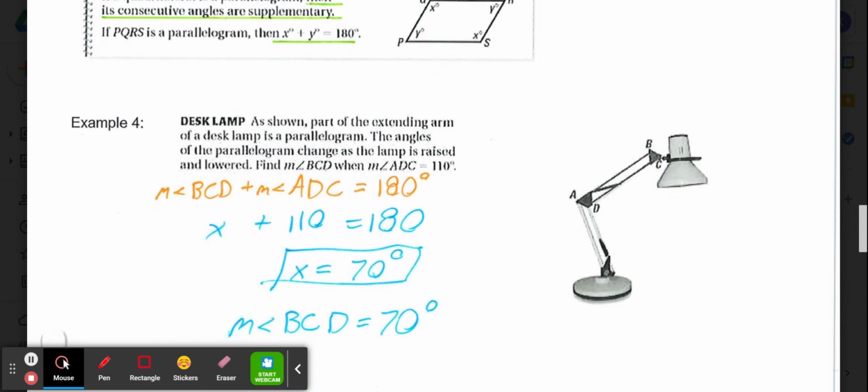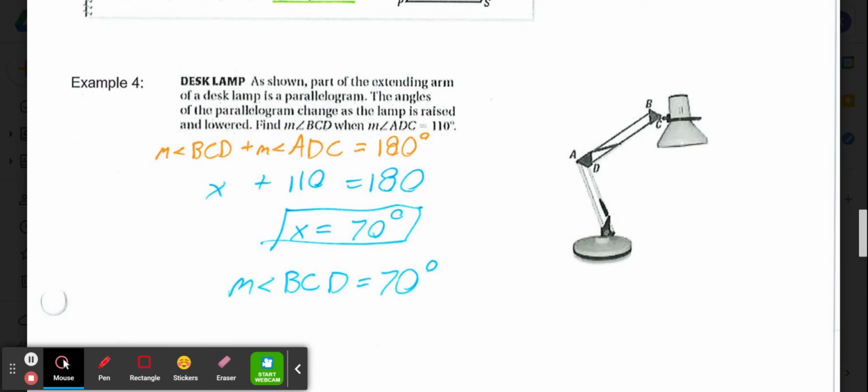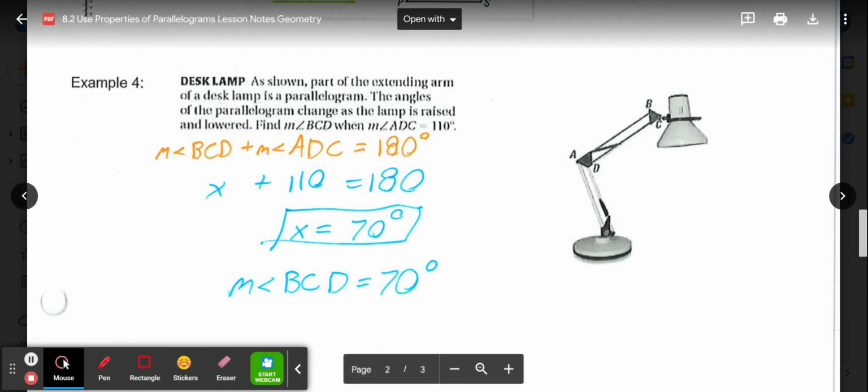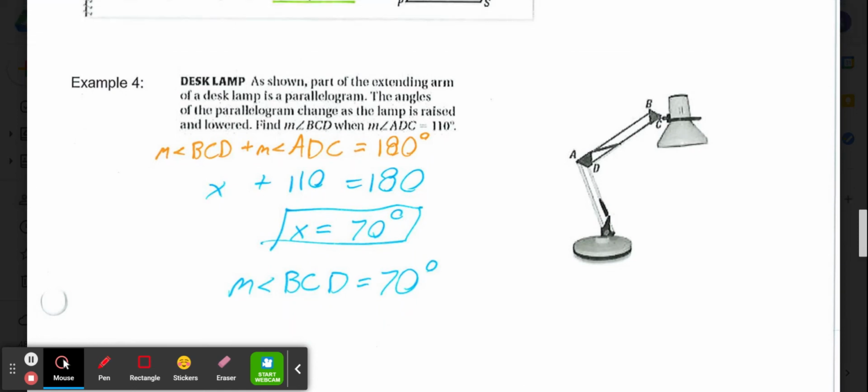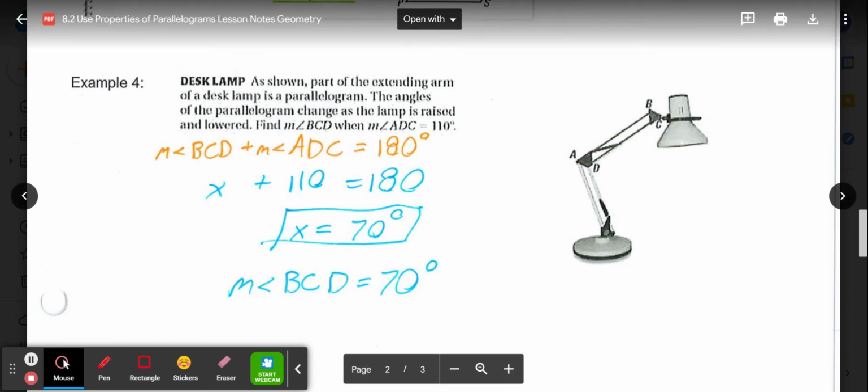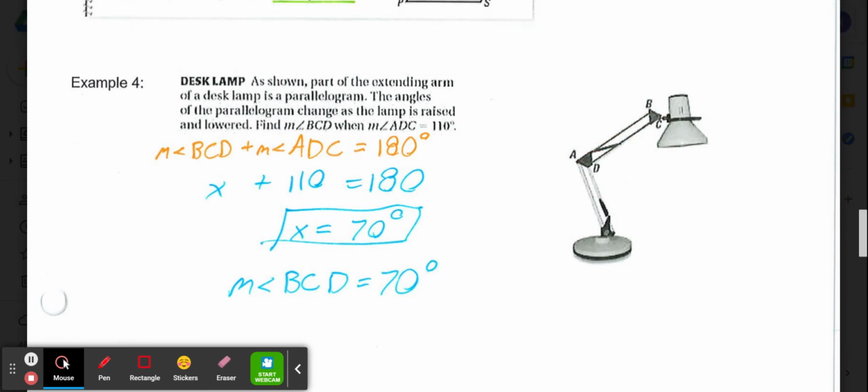So let's look at a couple of examples related to that. It says here in this desk lamp, as shown, part of the extending arm up here creates a parallelogram. So it created our parallelogram ABCD. Then it says the angles of the parallelogram change as the desk lamp is raised or lowered.